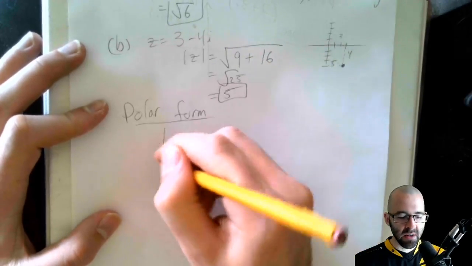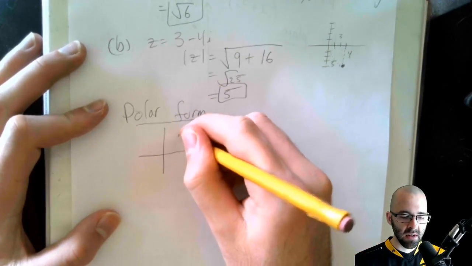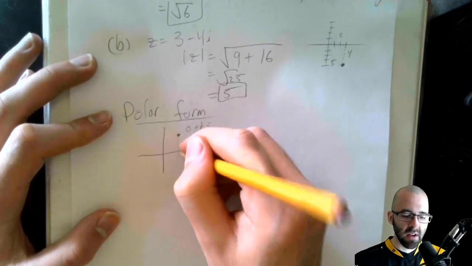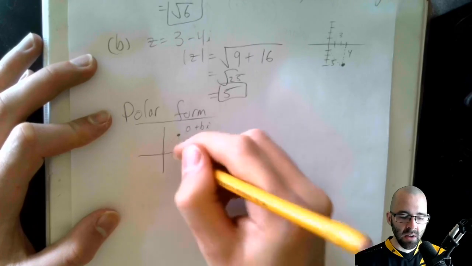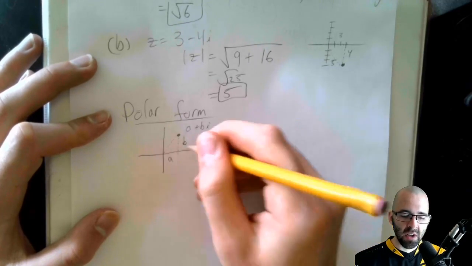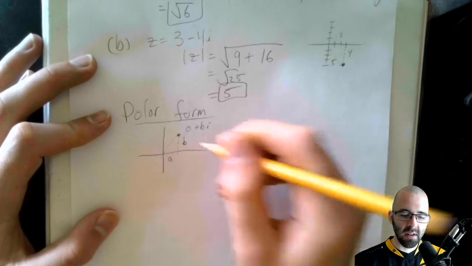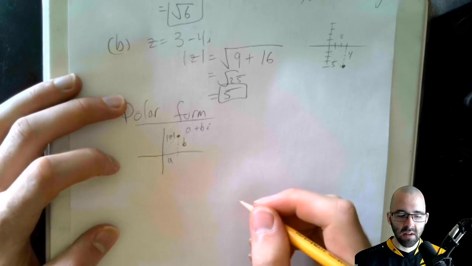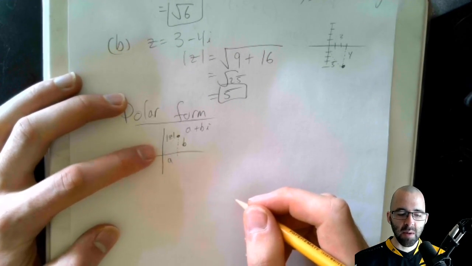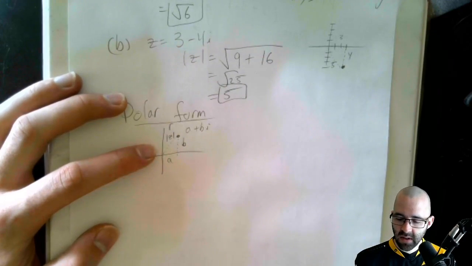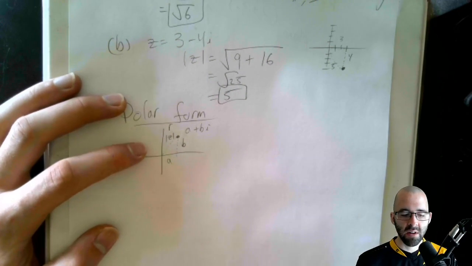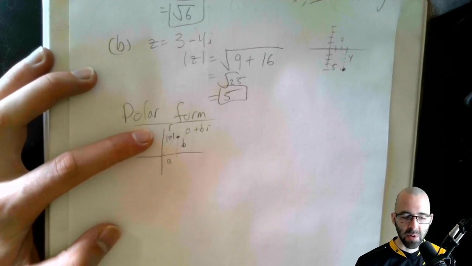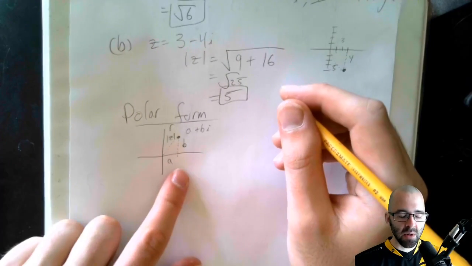If we have a number a plus bi, then a is the real part, b is the imaginary part, and the modulus is the hypotenuse. Or if you want to use r, we're going to be using r a bit today. We used r for polar coordinates before. Then what is this in polar form?